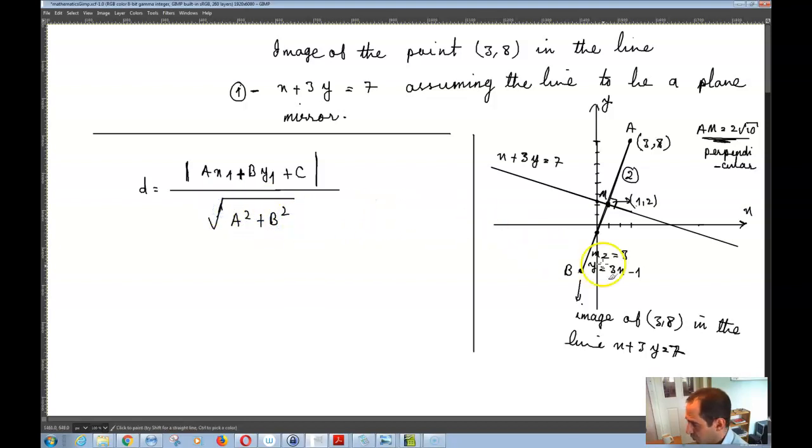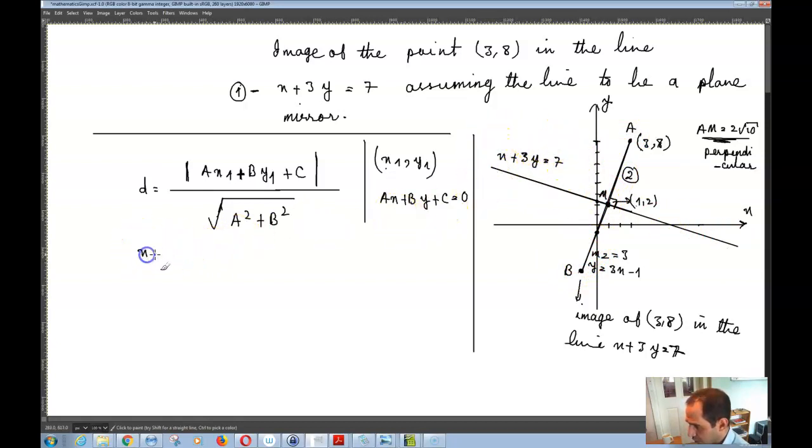I want to find the coordinates of this point over here, which is given by (x1, y1), and there is also a line here, ax plus by plus c is equal to 0. The equation of the line I already have.